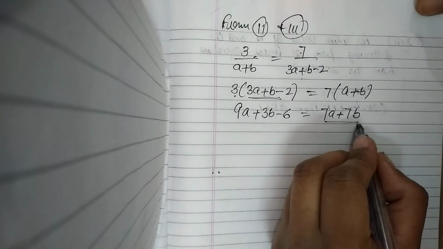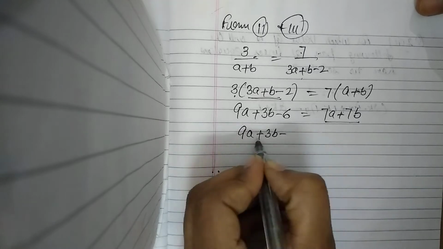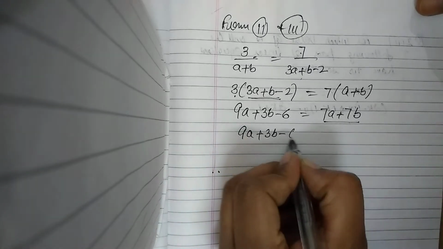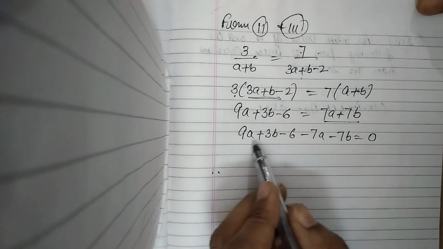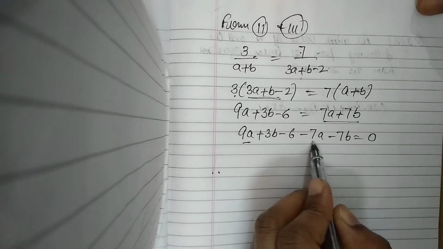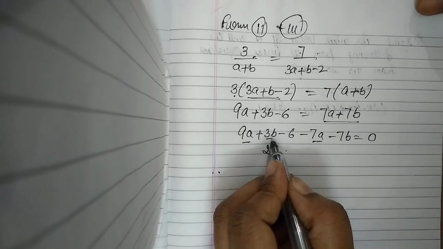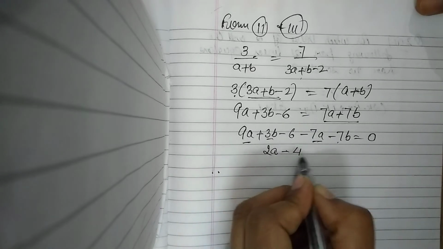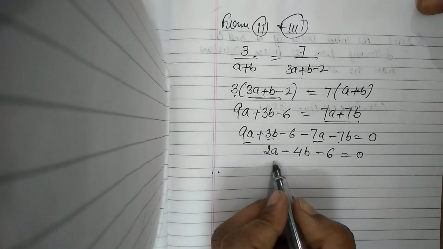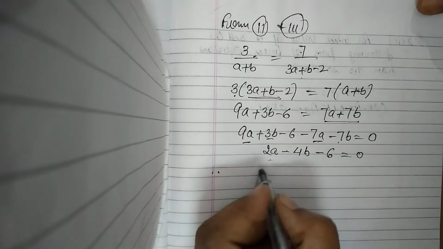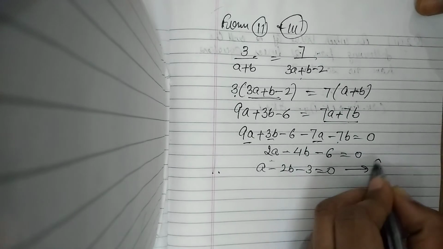Now all terms of the right side are shifted to the left side, making the equation equal to 0. 9a plus 3b minus 6 minus 7a minus 7b equal to 0. Now solve like terms. Here 9a minus 7a, that is 2a. Now 3b minus 7b is minus 4b, minus 6. Now make it a simple equation by dividing it by 2. Now a minus 2b minus 3 equal to 0. Consider this as the second equation.